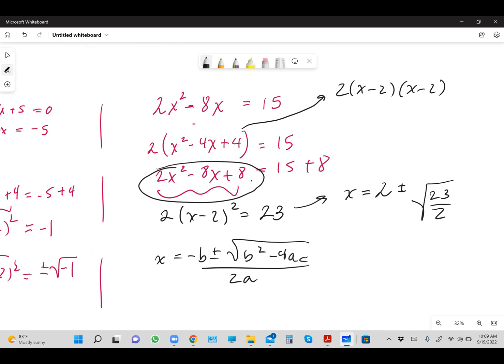Agreed? We could rationalize that if you want to, but that's the answer you get if you go through all this trouble. So you divide everything by 2 first, then you square root both sides, then you add the 2 over. Does that make sense?